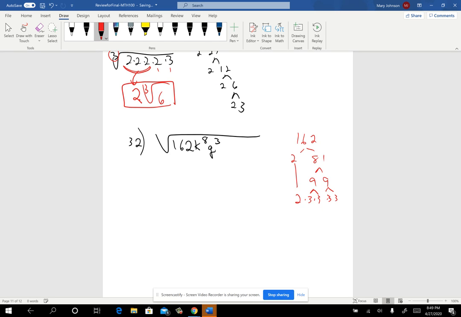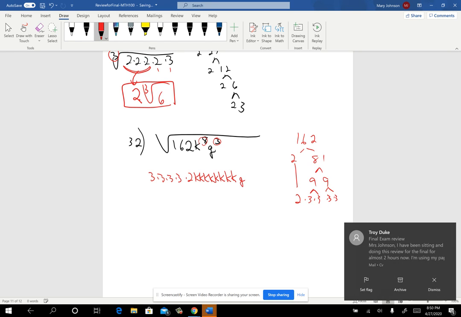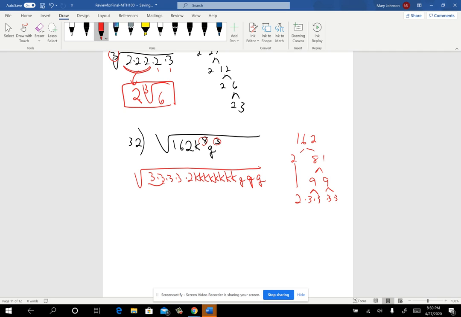Okay, so that turns out to be 4 3s and a 2. And then because these are small enough, you could just write them out if you wanted. There's 8 Q's multiplied together, 8 K's multiplied together, and then 3 Q's. Okay, so you have 2 groups of 3, and then you have 1, 2, 3, 4 pairs of K's.